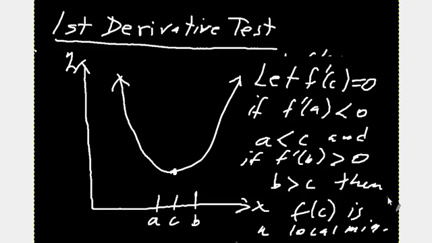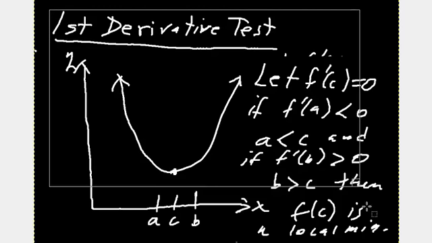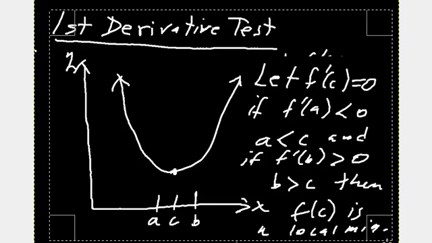There's no question. So the first derivative test is one test that helps us to determine, in a case where the first derivative is 0, whether we found a maximum or a minimum.